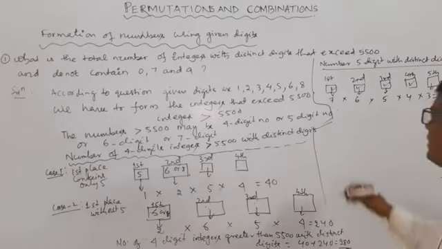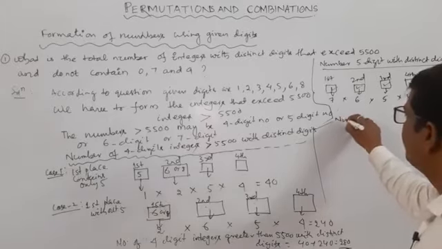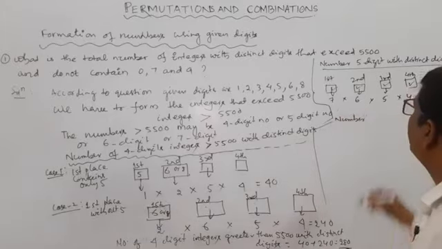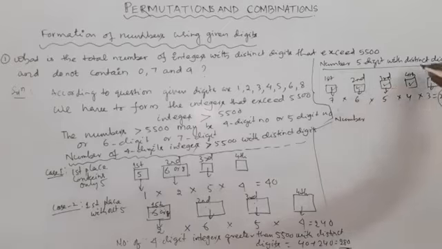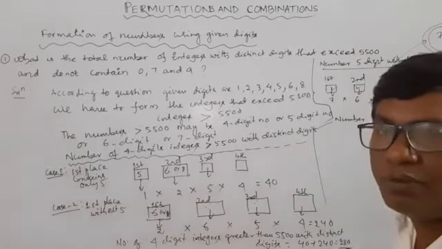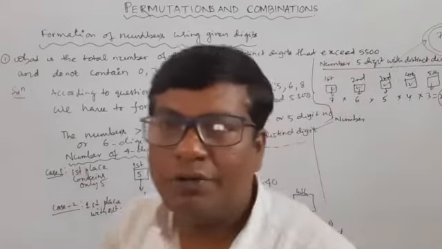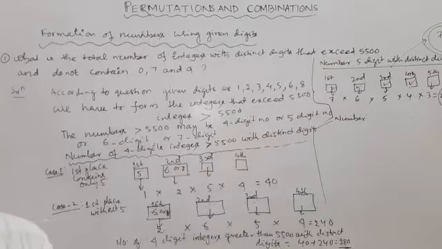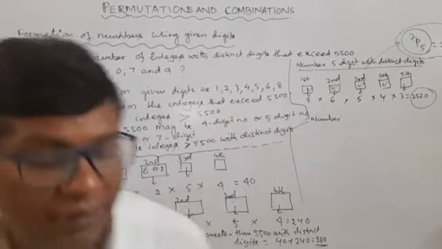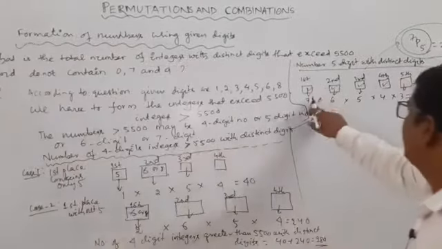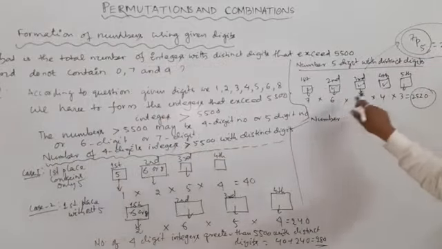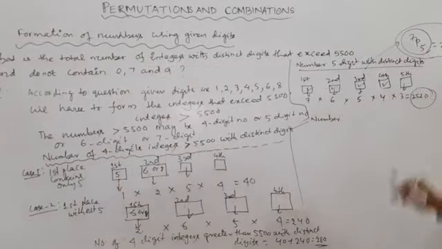Now the number of 5 digit numbers can also be calculated using 7P5, which is equal to 2520, or you may use the permutation formula: 7 into 6 into 5 into 4 into 3 is equal to 2520.